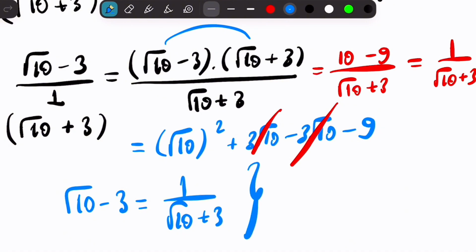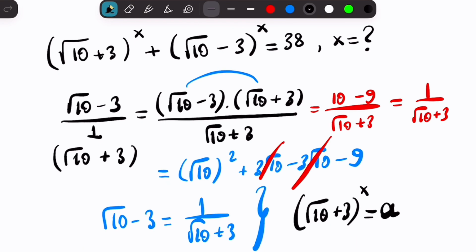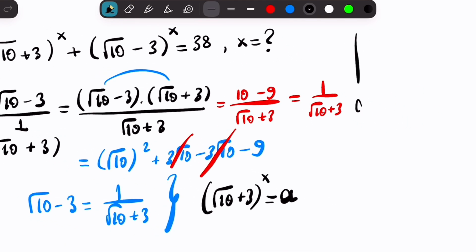Because of this statement, I'll change one name like this: root 10 plus 3, let's say a, and put x over the expression into our equation. Now if we put it in this equation, what will our expression become? Let's focus on it.